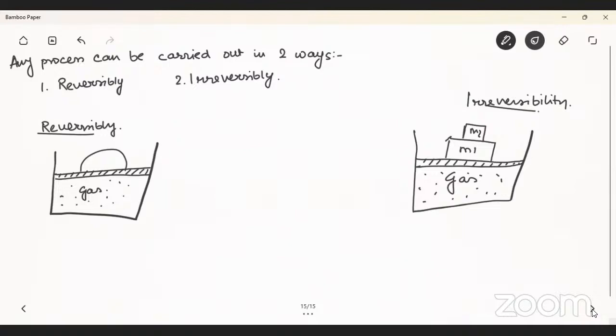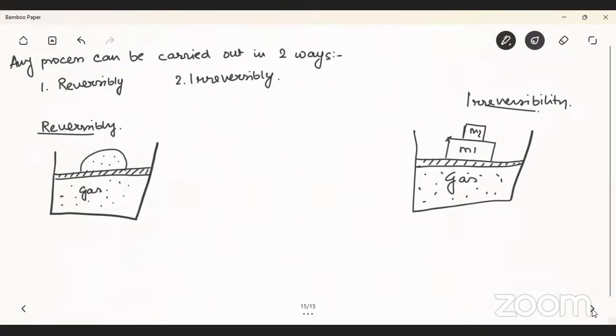Suppose this is an external pressure. This external pressure changes at every instant, and here the process takes place at a constant pressure. See, I have put weights here, so these different weights will change the process at a constant pressure.